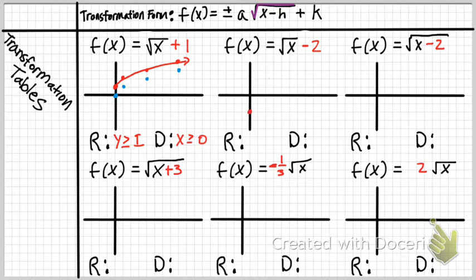We go down 2, so all of my blue points are going to shift down 2 places to these red points. So down 2, here, down 2, and then here, down 2.